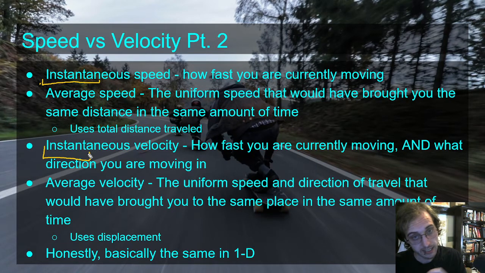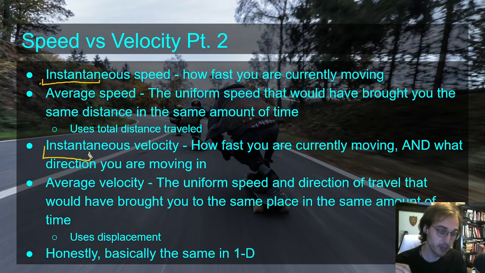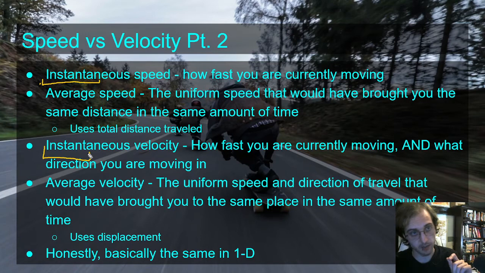Average velocity is a little bit different from average speed, because instead of average speed describing roughly how fast you would have to go to do the same thing, average velocity is saying if you wanted to get the same end result, which direction should you go in and how fast should you go so that you only went in a straight line from point A to point B without changing what you were doing at all the whole time.